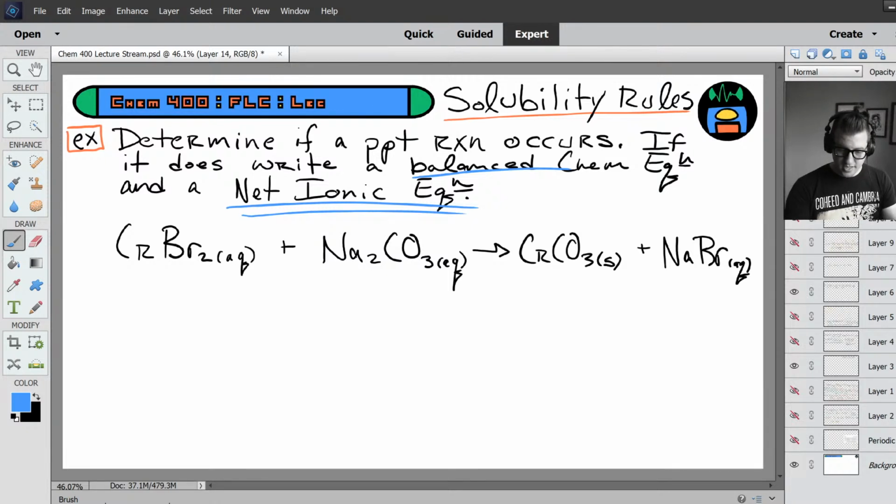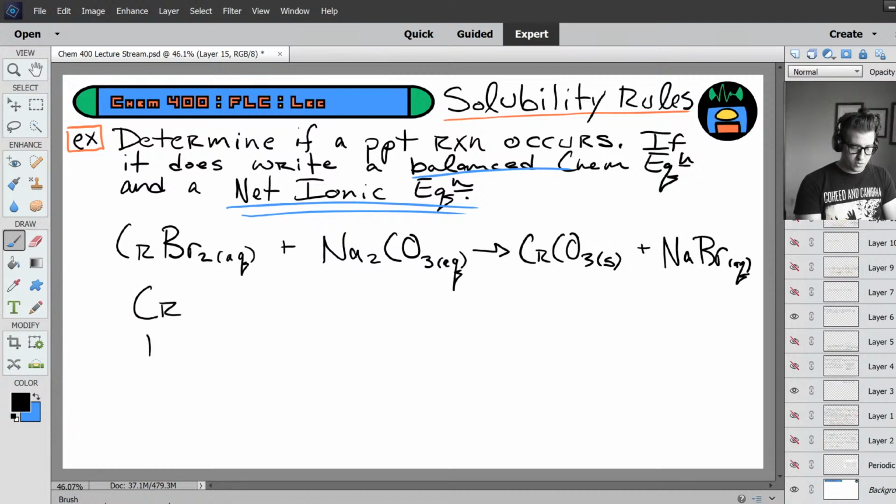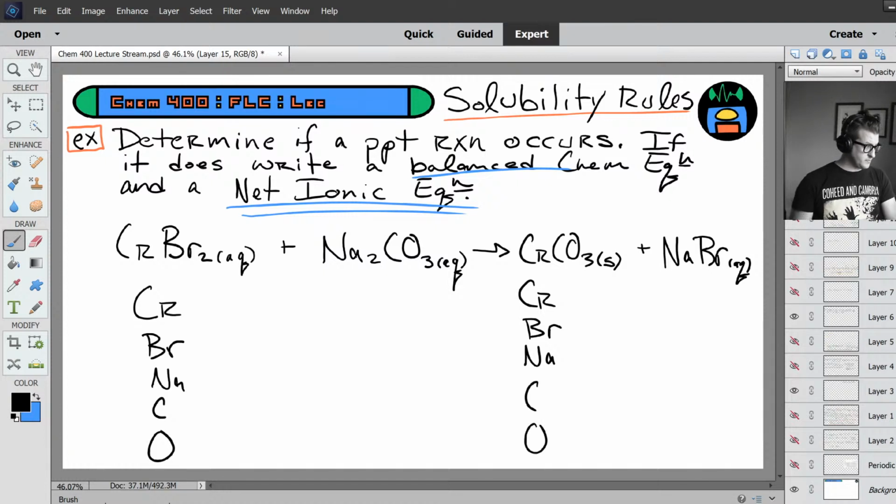Step number 1 in this game is going to be balancing. So let's go ahead and make an atomic inventory. We've got chromium, bromine, sodium, carbon, and oxygen. Dang, we got a lot of elements up in here. Chromium, bromine, sodium, carbon, and oxygen.